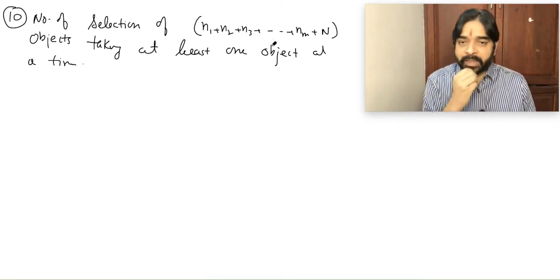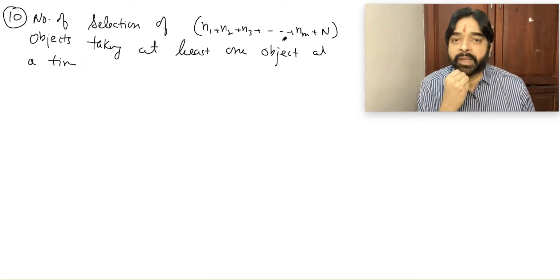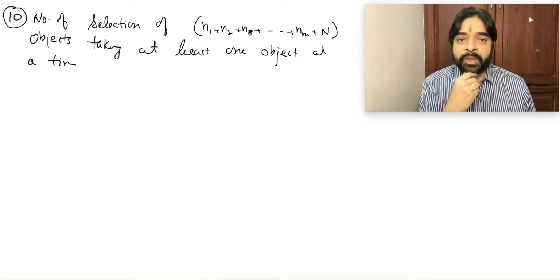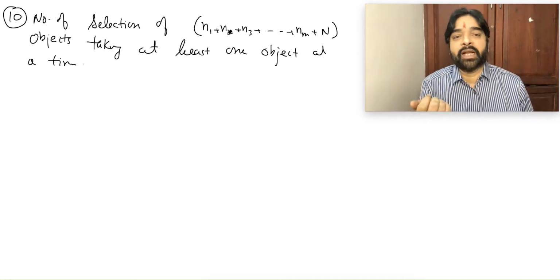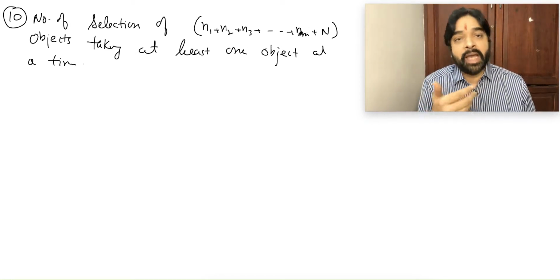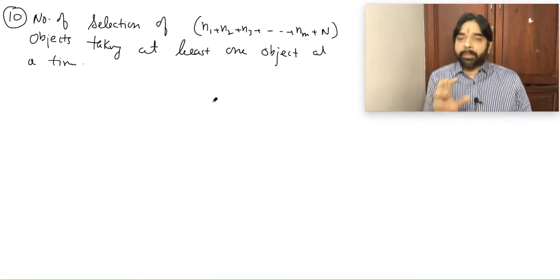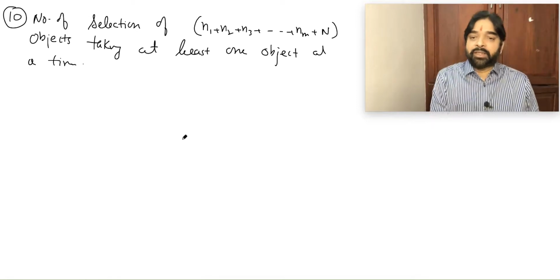All of you remember this symbol, I guess. In permutation also we talk about this one. Remember, all of you? n1 is what? The first kind of identical object. n2 is the second kind of identical object, and so on. nm is the mth kind of identical object, and capital N are different objects. I have to select at least one object at a time.